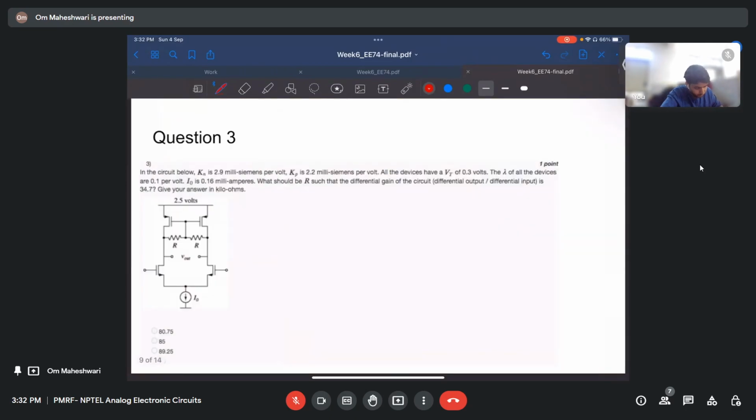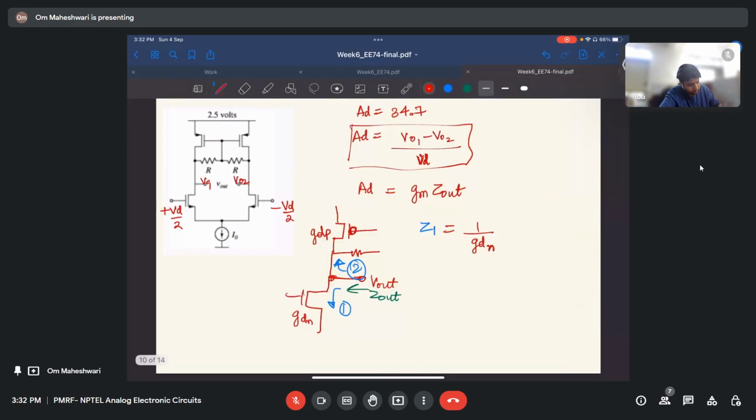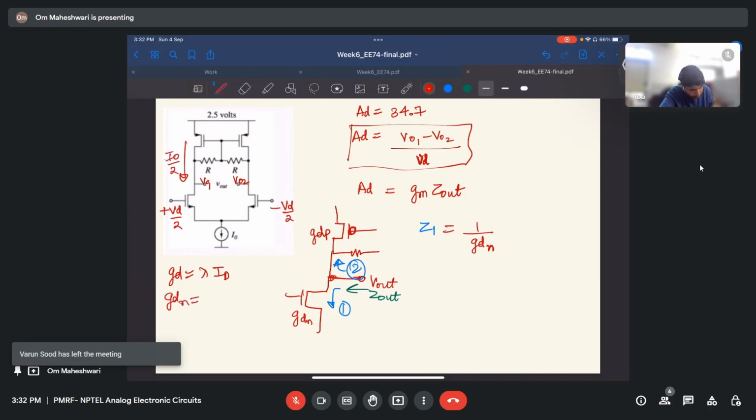One more thing: KN is 2.9 and KP is 2.2 millisiemens per volt. So what is GD? GD equals lambda ID, right? ID by 2, I naught by 2, is flowing through this branch. So GDN will be equal to GDP, equal to lambda ID.